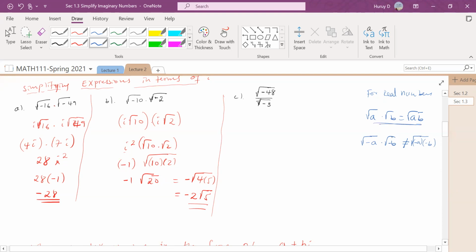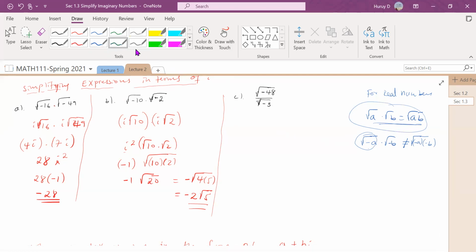So what we do is always write this in terms of i, and after that you can use this property. After getting rid of the negative number, then you can use this one. This is not the same. Therefore you have to be careful when you multiply or divide imaginary numbers.